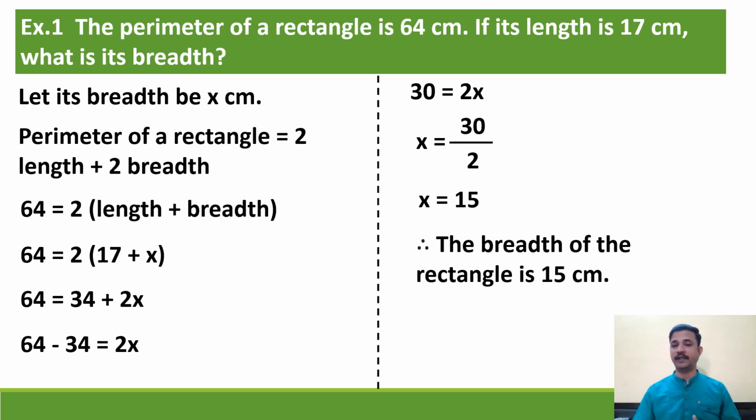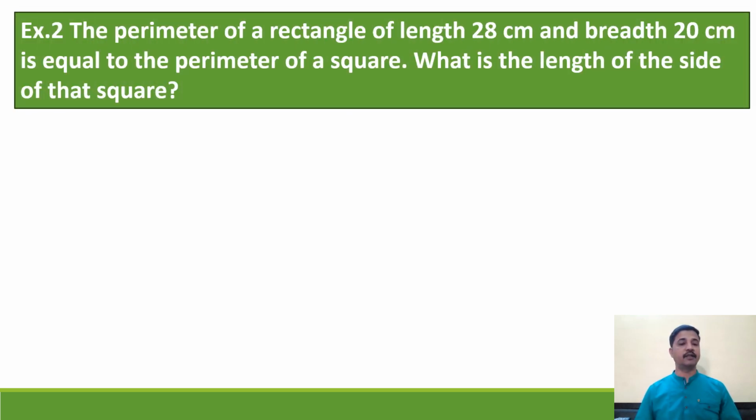चलो सेकंड एग्जांपल लेते, बने रहे. Second example: the perimeter of rectangle of the length 28 centimeter and breadth 20 centimeter is equal to the perimeter of square.